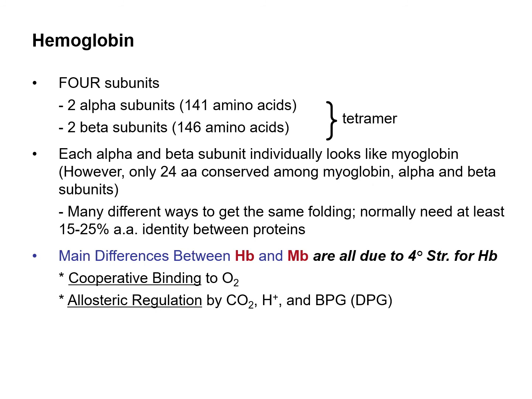But the main differences between the hemoglobin and myoglobin are due to the quaternary structure of the hemoglobin. So hemoglobin has cooperative binding of oxygen between these subunits, and there's allosteric regulation by carbon dioxide, hydrogen ion, or the pH, as well as BPG and DPG.